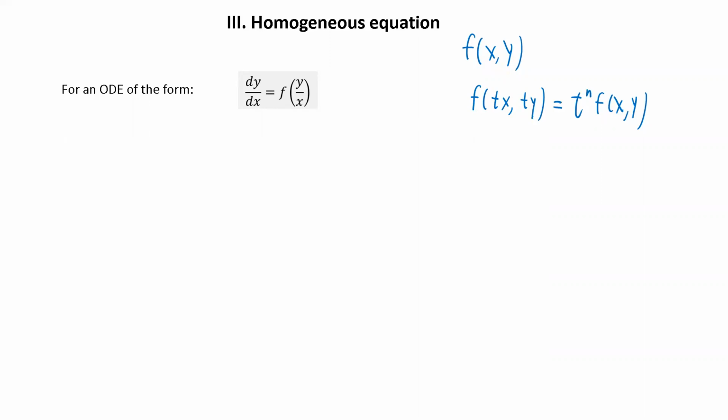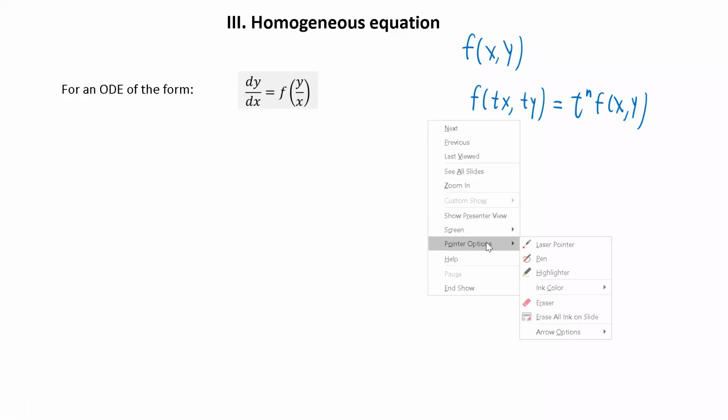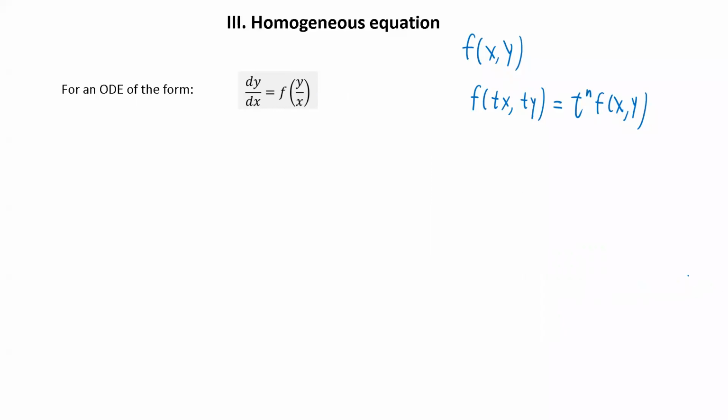Again, this is really just a name, a definition, so we are not too concerned about it. But now I just want to tell you why this one is a homogeneous function.